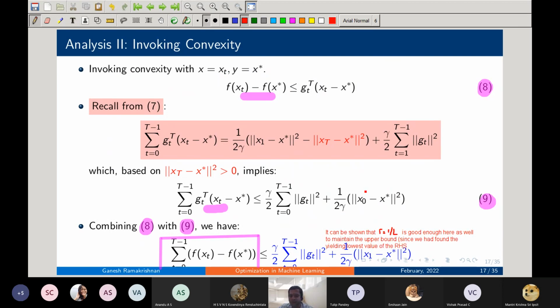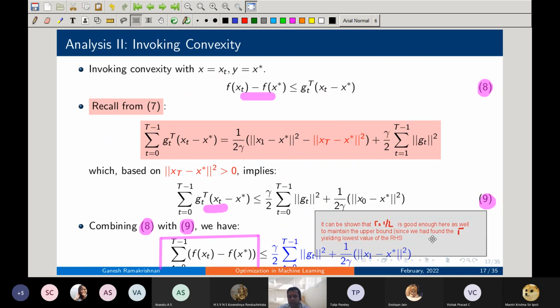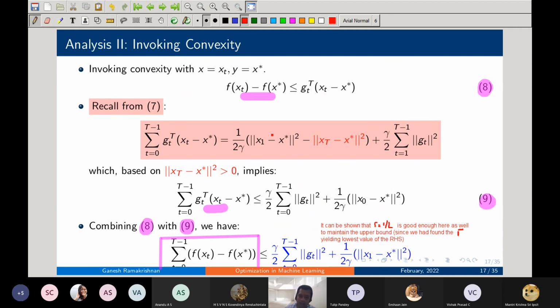So what should be a problem, right? I hope you got the idea. That's the proof methodology. If a gamma was found which minimizes the right hand side, why not gamma equals 1 by L? That also should work. So using that argument, we'll continue our analysis.